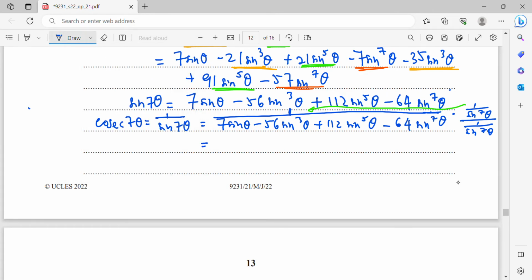Okay, so now I will write this is basically cosine power 7 theta, then over, now when 7 sine theta divided by sine to the power 7 theta, I will get 7 over sine degree 6 theta minus sine cube over sine degree 7 is sine degree 4, plus 112 over sine degree 5 over sine degree 7 is sine squared.